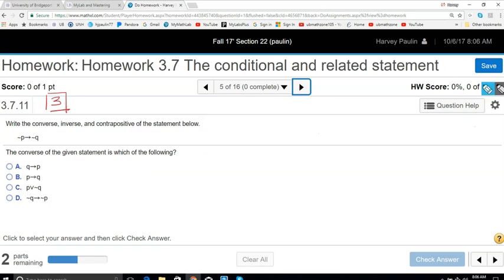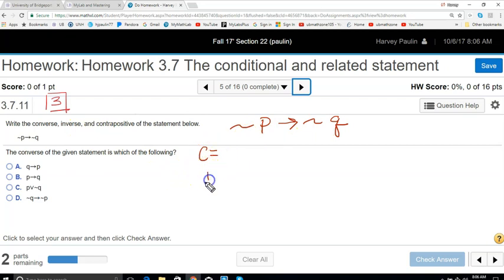Now, for example 3, as you look at it, our initial statement is not P, then not Q. But they're saying that's the initial. So what would be the converse of this statement?